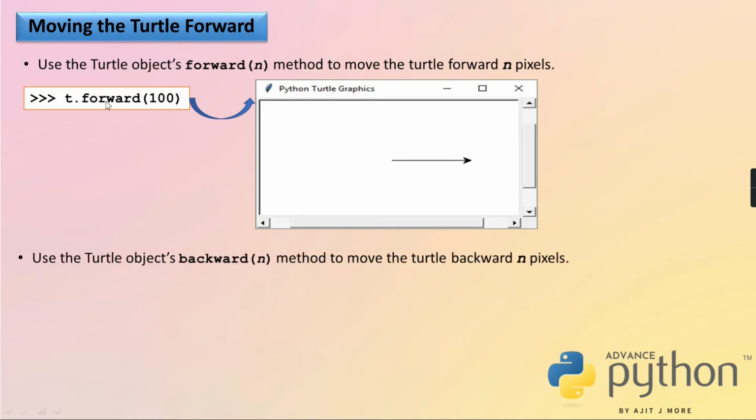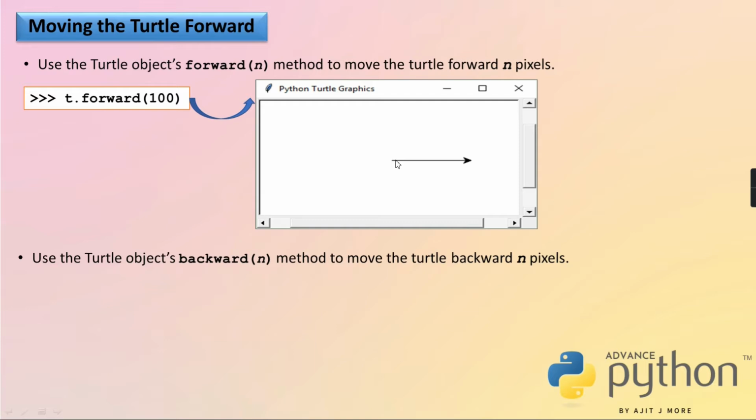Get it? Okay, so if you want to go backward, then backward. The shortcut you can use is BK. Use the turtle object's backward(n) method to move the turtle backward n pixels. Again, backward in the same direction in which the face is. Like in real life also we walk 10 steps back.